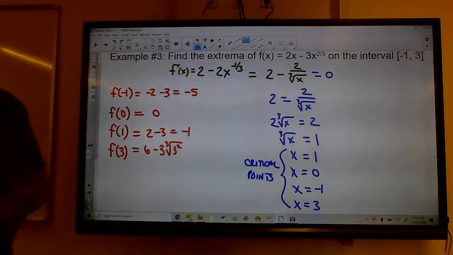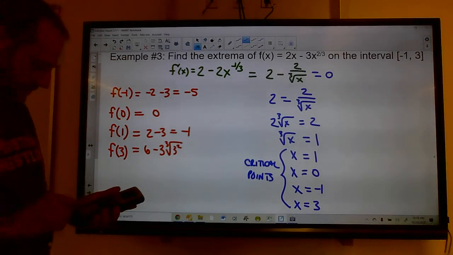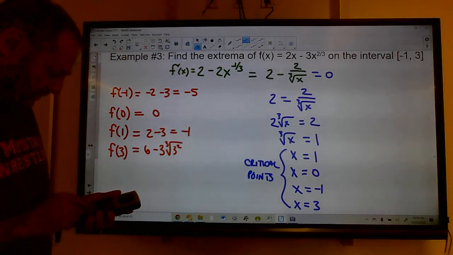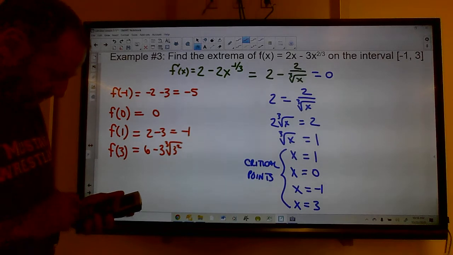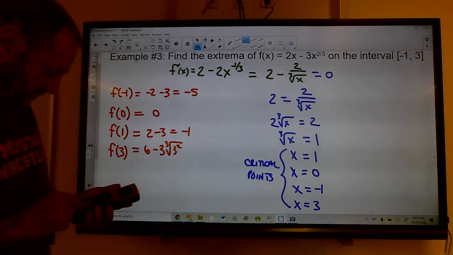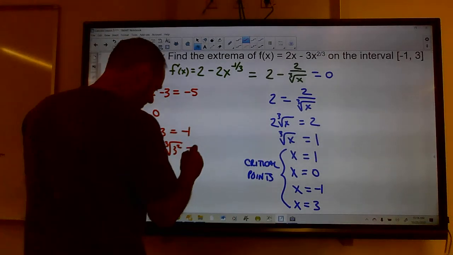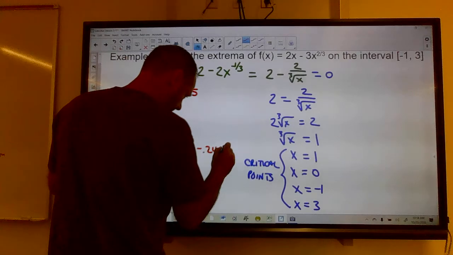All right, let's get out a calculator. Figure out what the value of that is. So 6 minus 3 times the cube root of 9. This is like -0.2403.